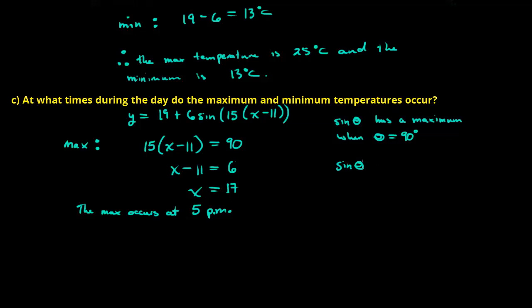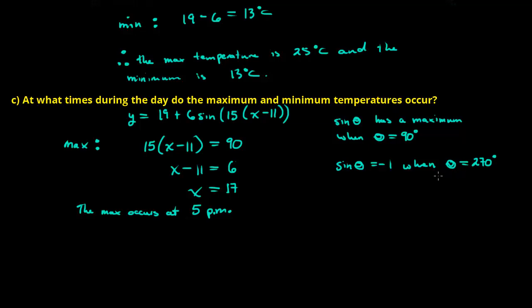Well, sine of theta is -1 when theta is equal to 270 degrees, but also when theta is equal to -90 as well.